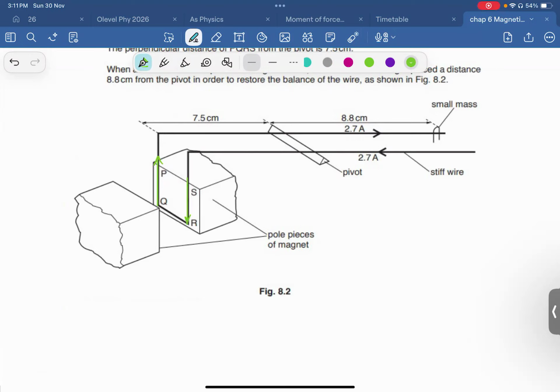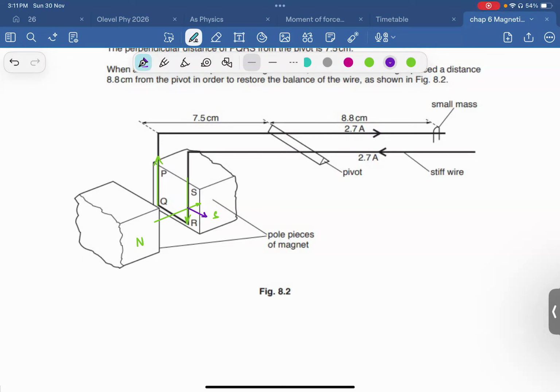Let's assume that the magnetic field pole is north here and south here. The field lines would be from north to south, so we have a perpendicular field. If we consider this scenario, the force is coming in this direction from this wire.